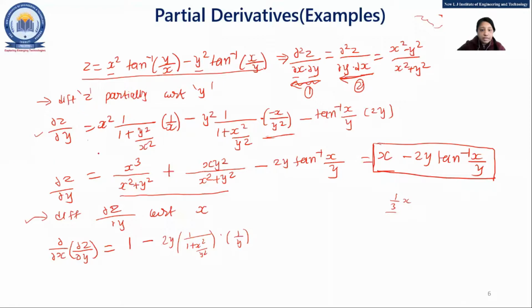Remember, with respect to y, we have y square and tan inverse x by y, both are functions of y, so at that time you have to consider the multiplication rule. But with respect to x, we do not apply the multiplication rule, because one function is in terms of y and the other is in terms of x.